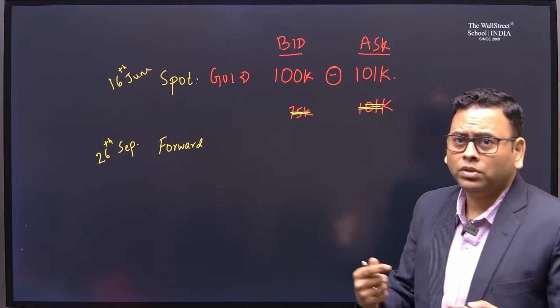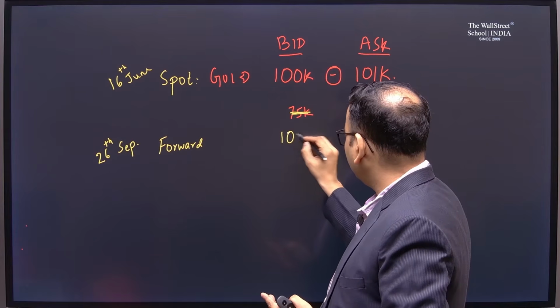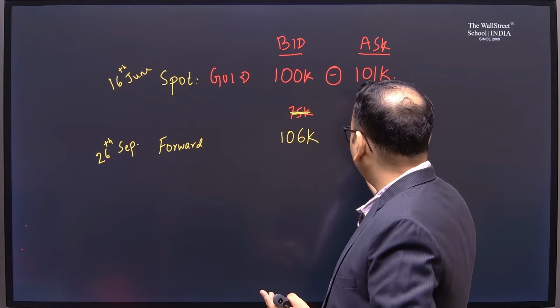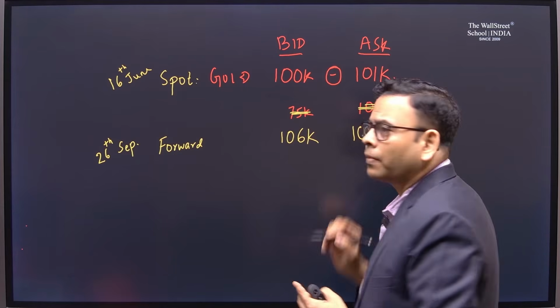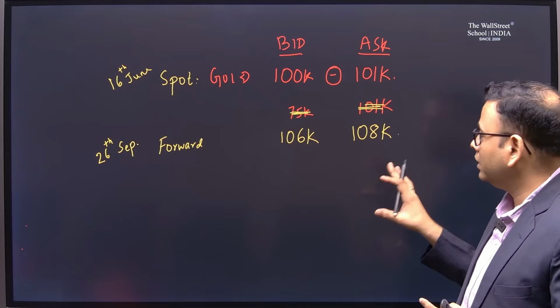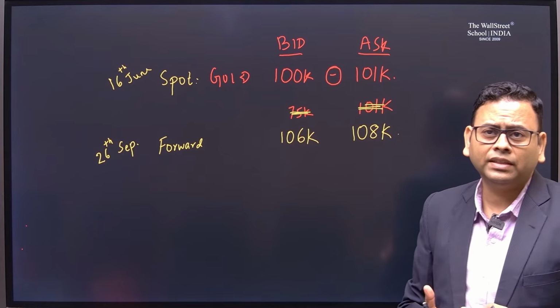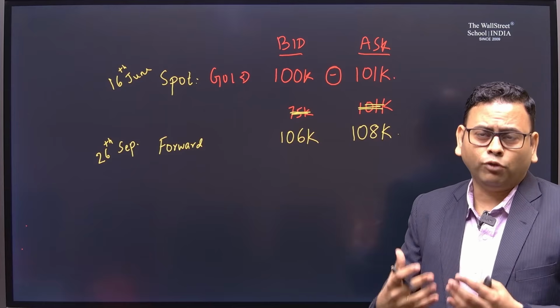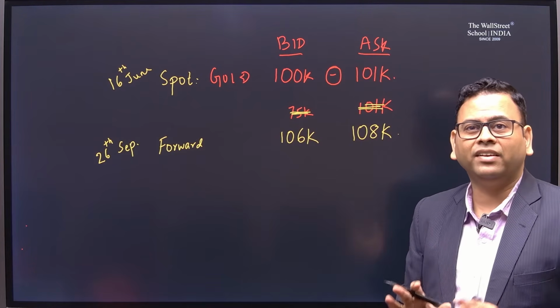So let's assume Kalyan Jewellers gives a quote of 106,000 and 108,000. So what this particular information means here is, if you want to fix gold's price 3 months or 4 months down the line, which is let's say 26th of September, you can fix it at 108,000.